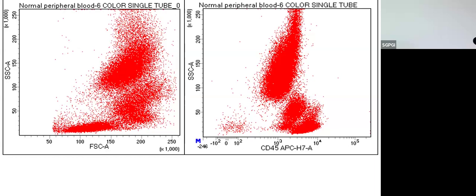Now close your eyes and think what cells you see in the peripheral blood. Give any one name. What are the different leukocytes? Somebody said lymphocytes. So do lymphocytes have high side scatter or low side scatter? Lymphocyte is a small cell, low side scatter. So this cannot be neutrophil. Why?